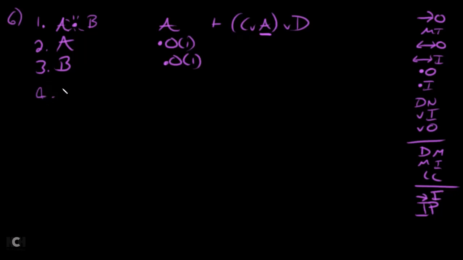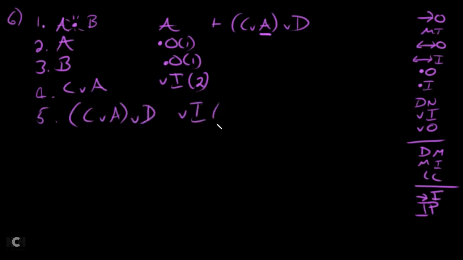So I'm going to attach the C onto the A. That's a wedge in onto line 2. Almost like I stapled this C onto A. Now this is its own thing that I'm going to then attach the D onto. So I've got C wedge A, and I'm going to go wedge D. That's a wedge in on line 4. And we're done.